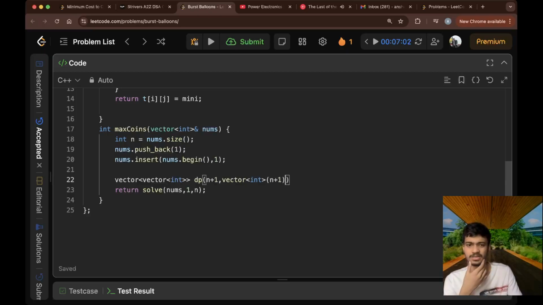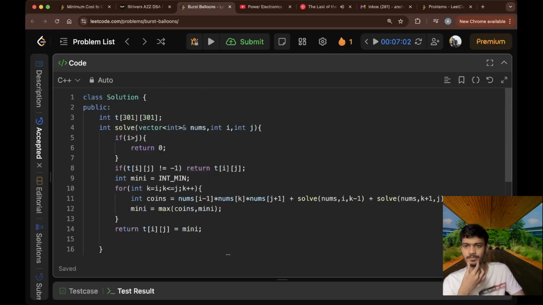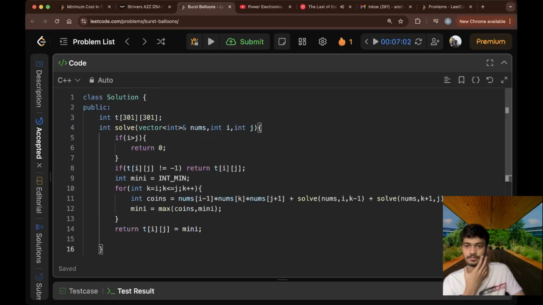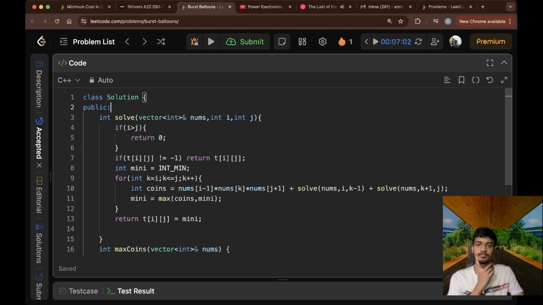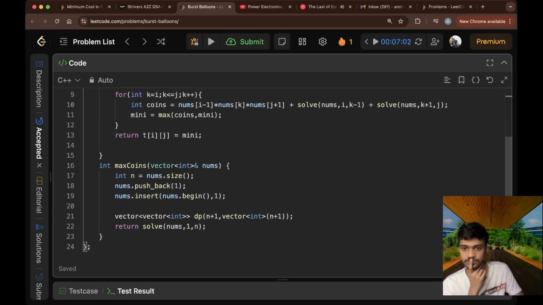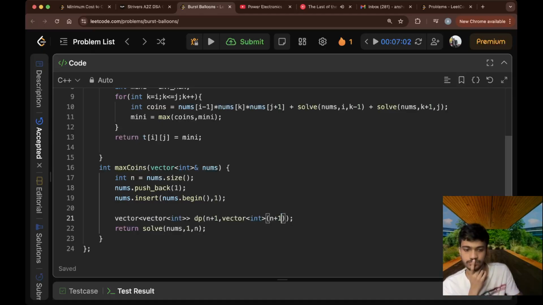Do we need two? Yeah, so make it zero. Base case.